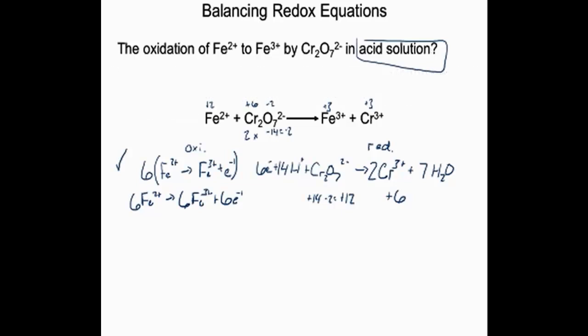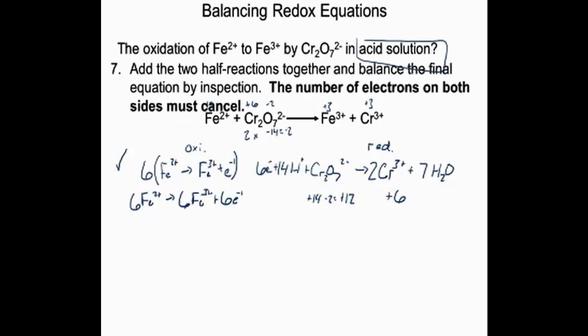And then lastly, we're going to add our two half reactions and balance the final equation and just make sure everything is completely balanced. So down here on the bottom, I am going to do this in another ink, in red. So I have 6 Fe2+. And then I'm going to start adding this stuff over here. So I've got 14 H+ plus dichromate.